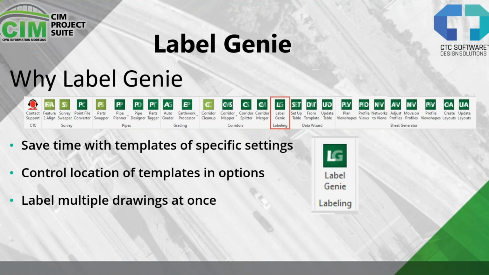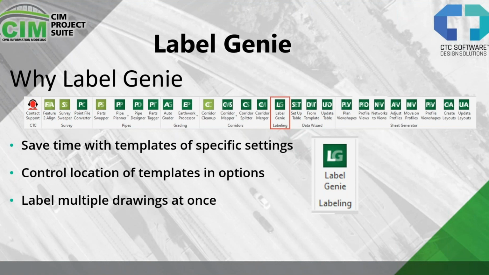For instance, you start a new project with the template and it's storm sewer, sanitary, you want to label it, you use the same company standards, you just load your template and make a few minor adjustments and you're ready to go.